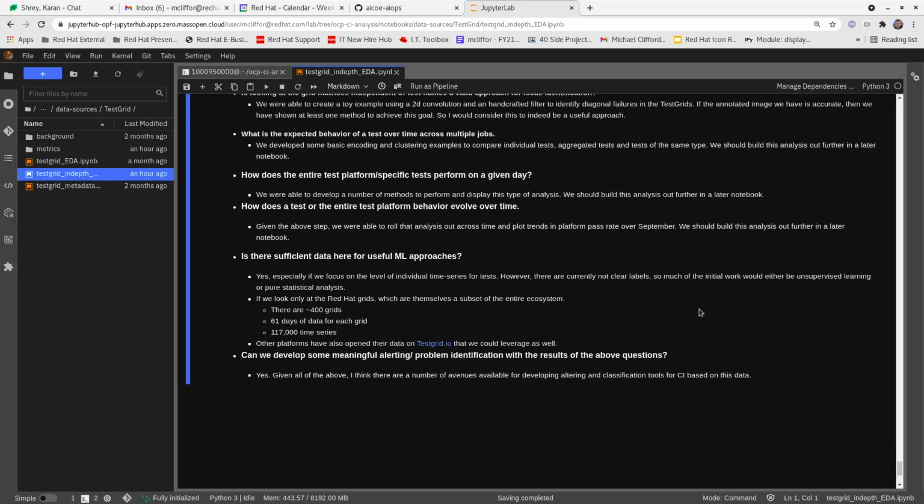And as far as, is there sufficient data here for ML approaches? I think there's absolutely enough data, especially if we focus on the level of individual time series for tests. I think there's about 117,000 time series across all the tests.